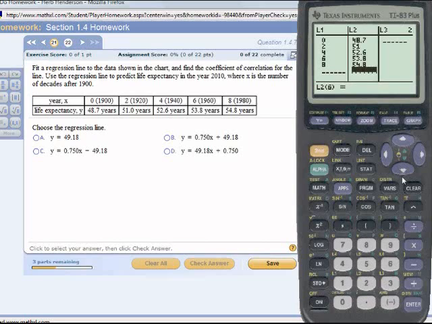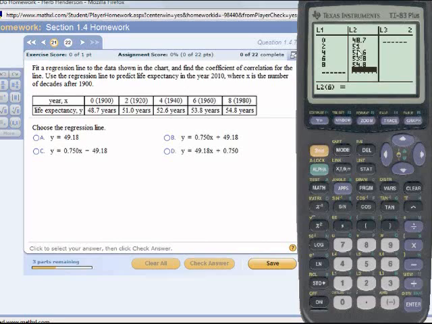If you've done some typing and you've made an error and you have one more, like 0, 2, 4, 6, 8, if you had not put in this 54.8, by the time we get around to looking at the regression line, which we're just about to do, you would get an error. The number here must be the same as the number here.